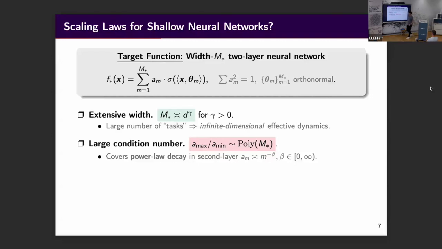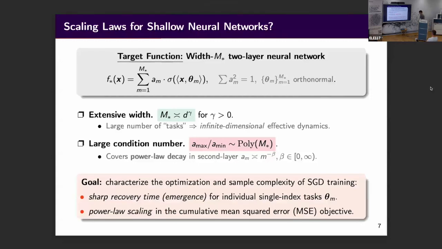And two, because we would like to assume some sort of power law coefficient on the second layer weights, we must handle the setting where the condition number is large. If a_m, the second layer weights, follow a power law, then the condition number, the maximum divided by the minimum of the second layer weights, is going to be something like poly m. m is the width, and this m is going to grow with d, so this is also poly d. We need to handle a regime where the strengths of the different components might differ at a poly d order. So these are the two technical challenges.